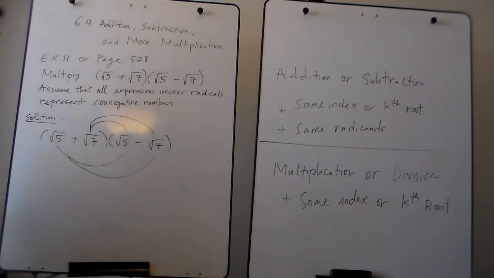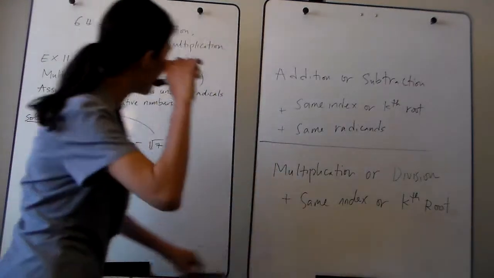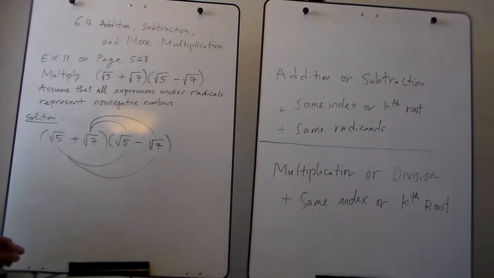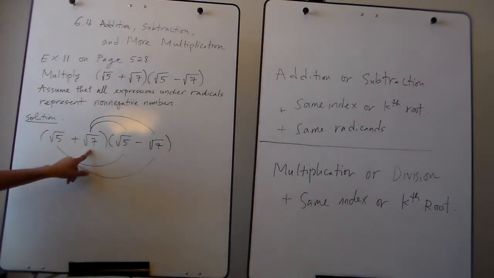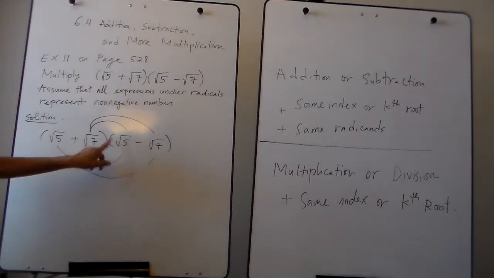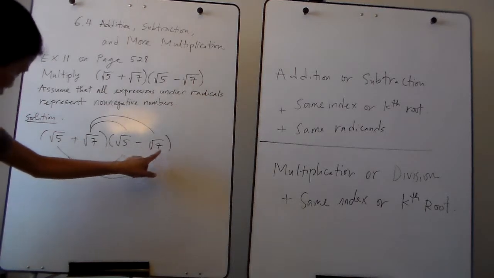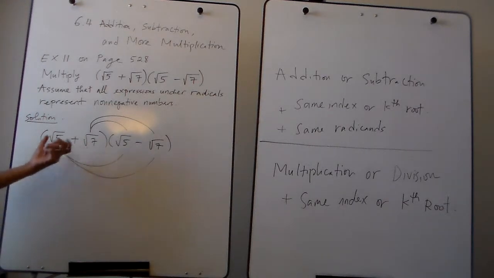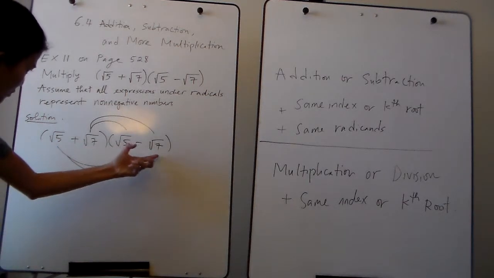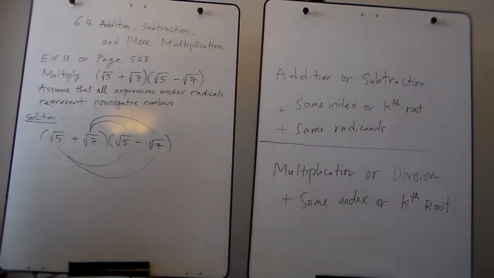You can do that. But for this example, notice that we're given square root of 5 plus square root of 7 multiplied by square root of 5 minus square root of 7. So they are the same, root 5, root 7, root 5, root 7, with opposite signs.